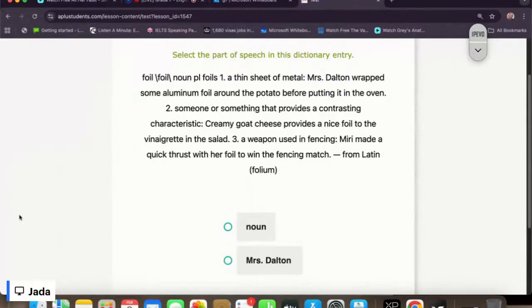Then select the part of speech in this dictionary entry. What's the part of speech here?